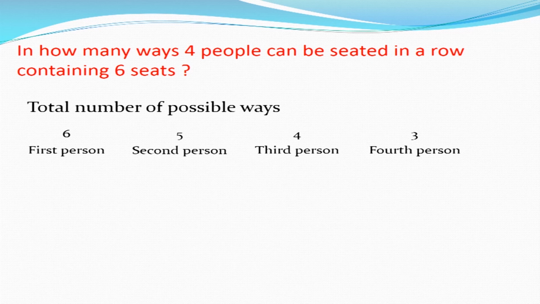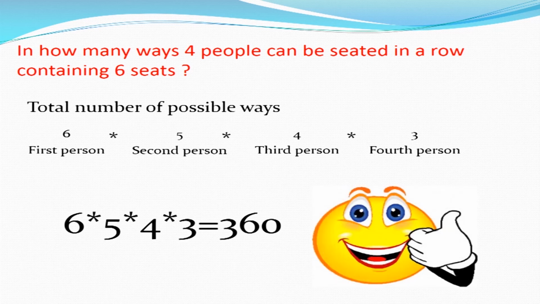Similarly, fourth person has 3 choices. So, total number of possible ways are 6 into 5 into 4 into 3, which is equal to 360. So, 4 people can be seated in a row containing 6 seats in 360 ways.